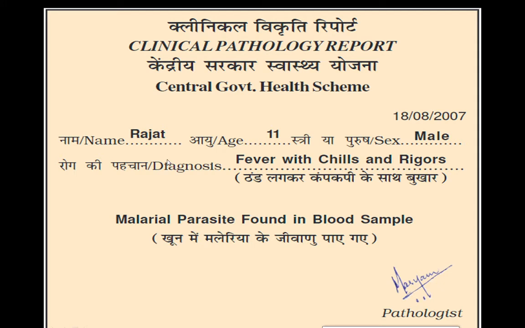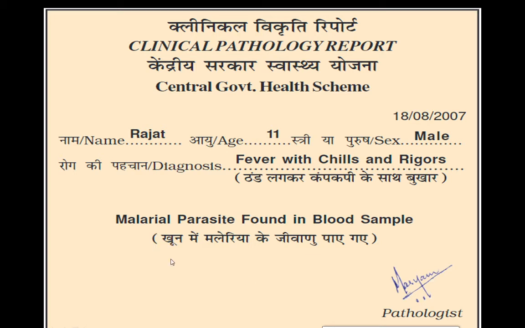You can see this blood report also, that is given in your textbook, page number 69. See, name, then age, sex, that is male or female, and diagnosis, that is fever with chills and rigors, ठंड लगकर कम कपी के साथ बुखार, that is the symptoms.